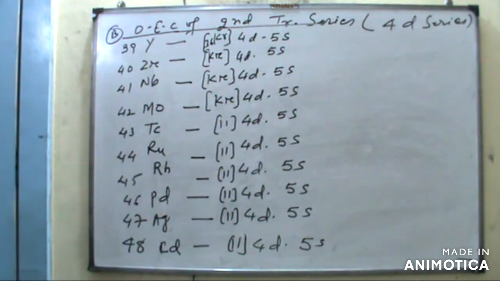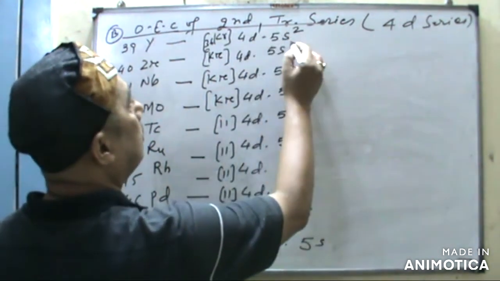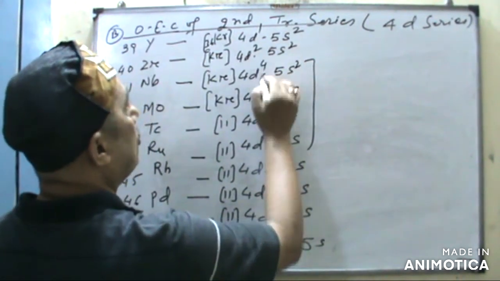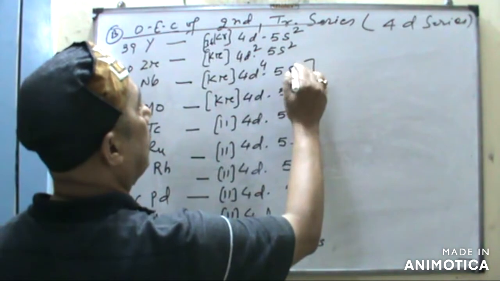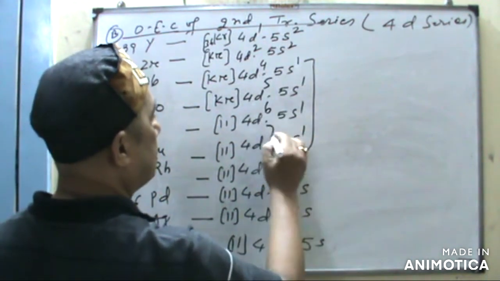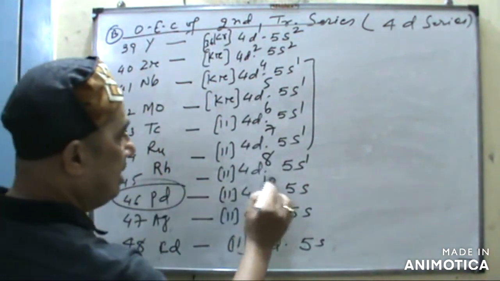The way you go for the electronic configuration is 2 and 1, 2 and 2, then the exceptional ones: 2 and 4, 1 and 4, 1 and 5, 1 and 6, 1 and 7, 1 and 8. So far as palladium is concerned, it is highly exceptional.